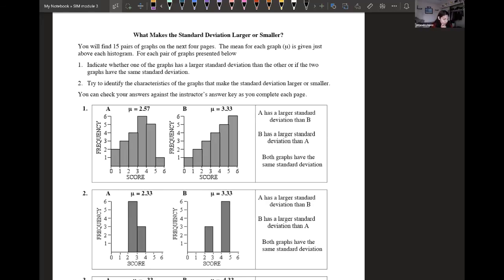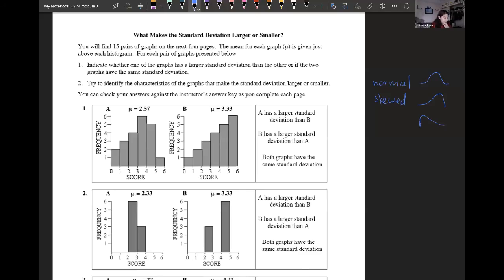Okay, then we also want to talk a little bit about shape. So shape, the ones that we're going to be using most of the time are normal and skewed. Normal looks like a bell, and then skewed looks like a big bump and then kind of to the side, like that, or like that, right?